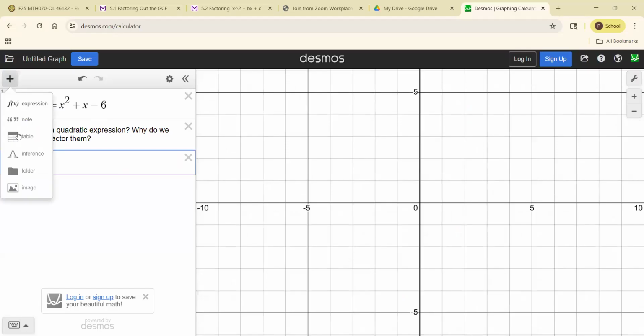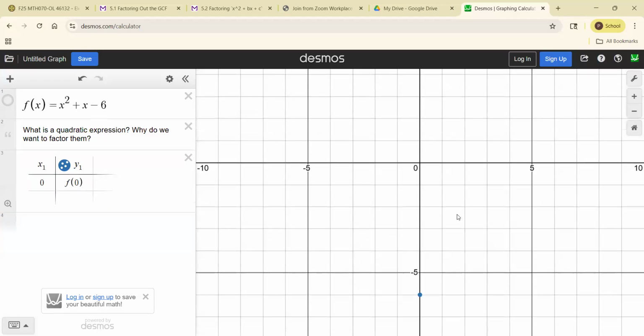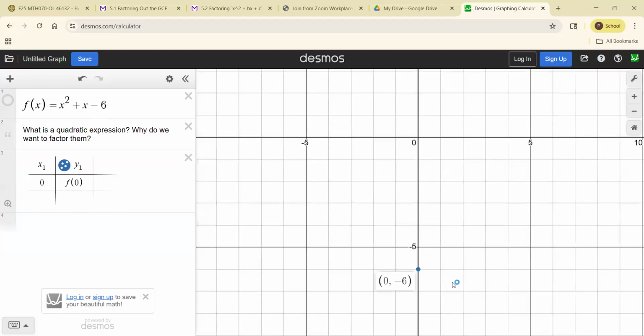So to see what shape we get, let's use a table. I'm just going to start with the easiest x, which is 0, and I put in x equals 0, and my corresponding y output is -6.